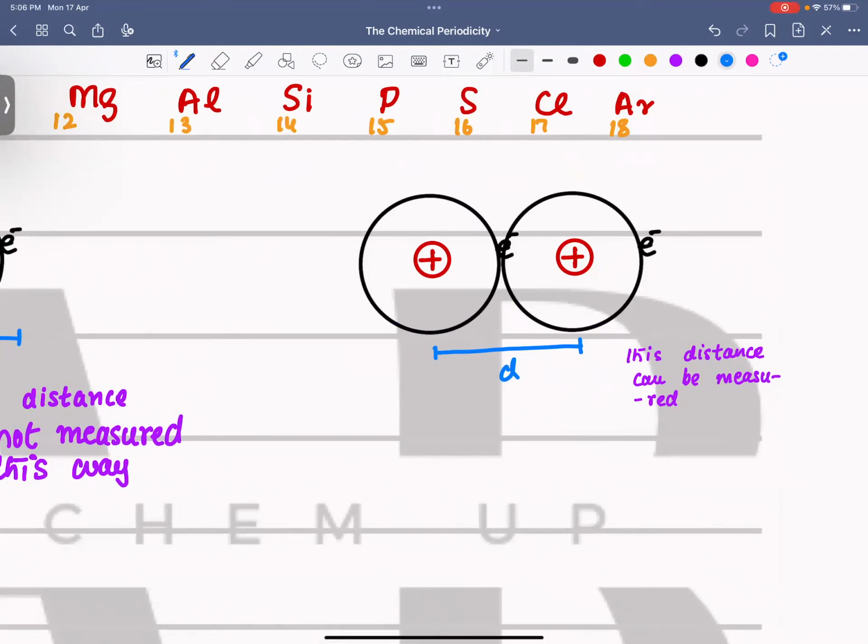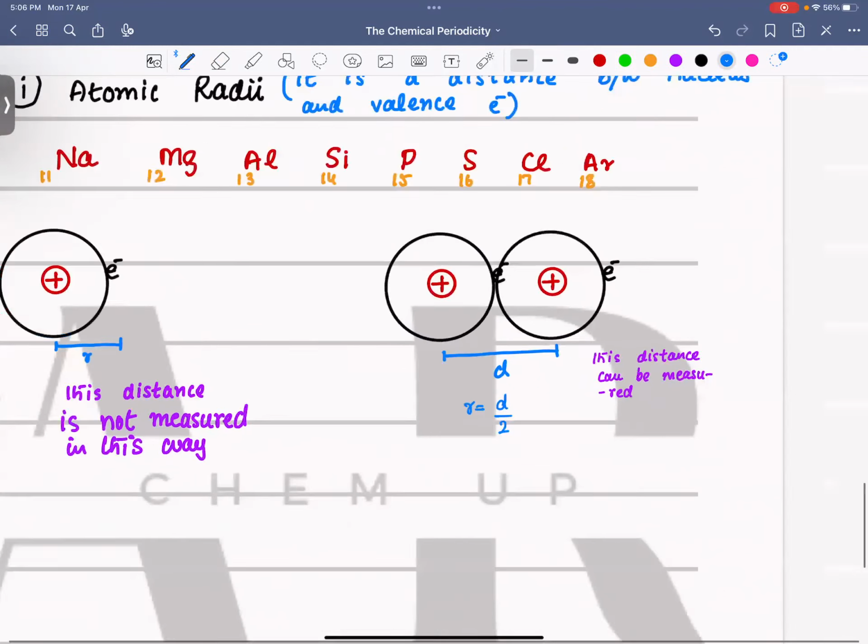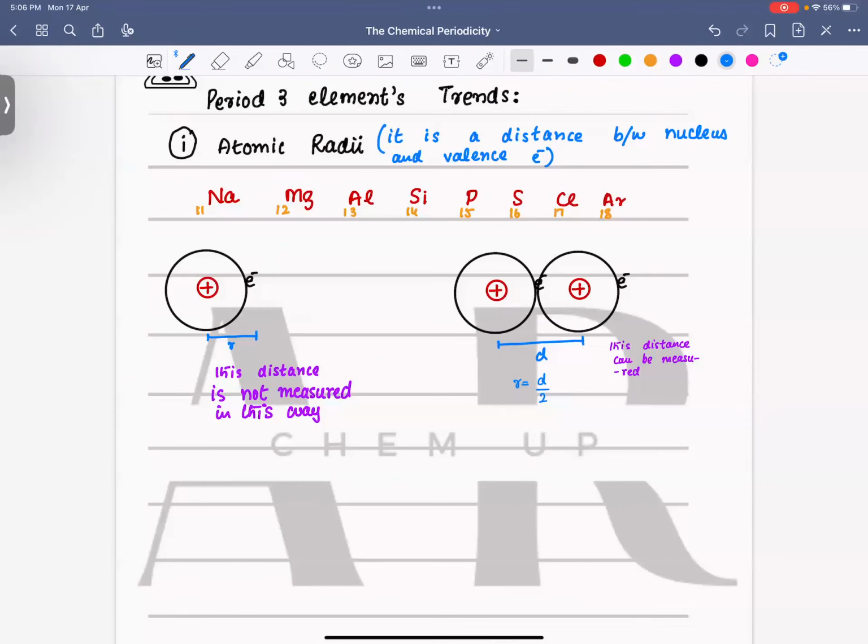So if I have to find the radius, I have to divide this distance by 2, so I will get the radius. Is this clear? If anybody has any confusion, do ask. Is it clear to everyone?